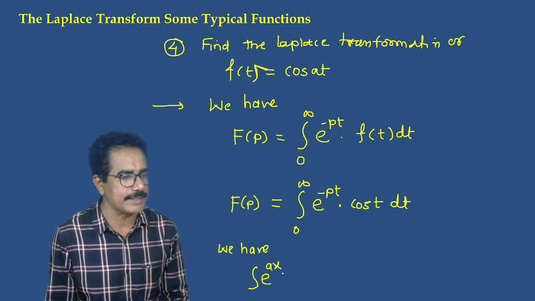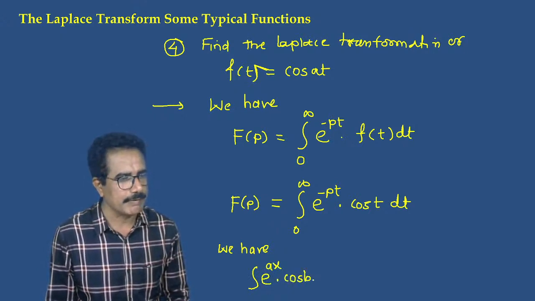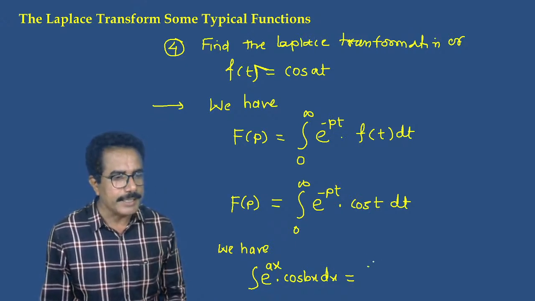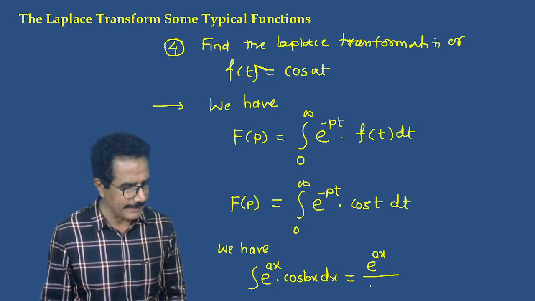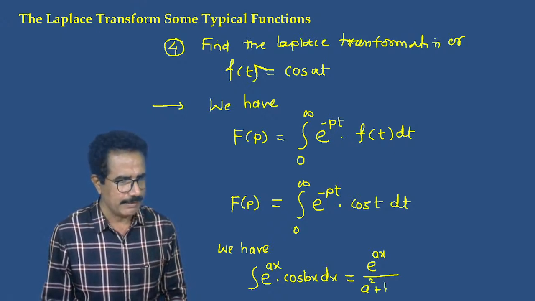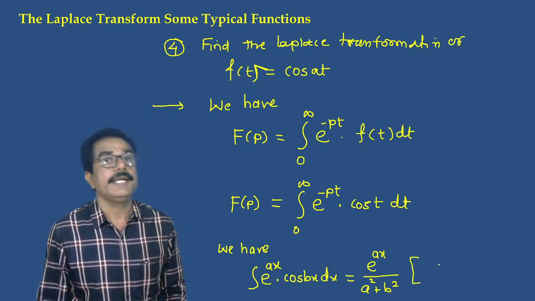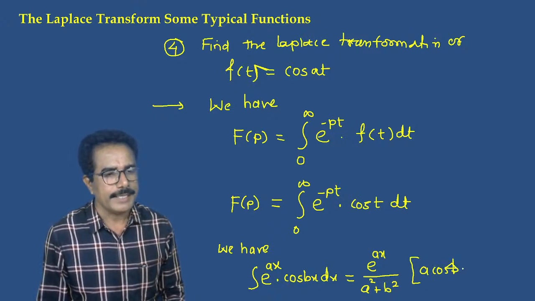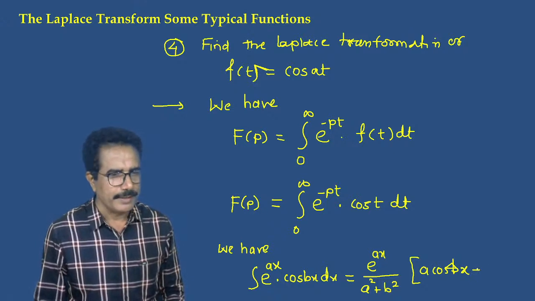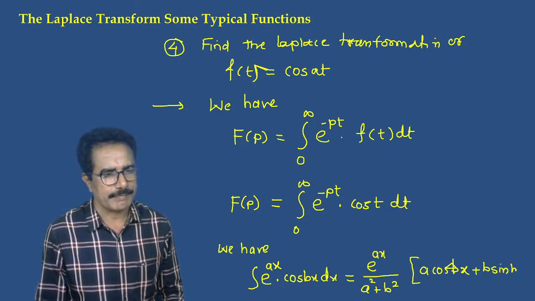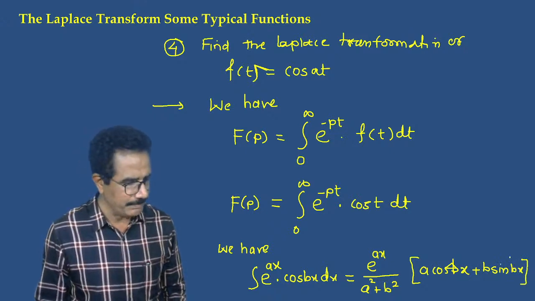integration of e raised to ax into cos bx dx, which is equal to the same formula which we have to prove here: e raised to ax divided by a square plus b square, into (a cos bx plus b sin bx).